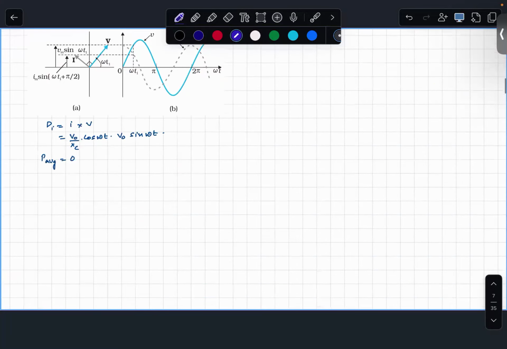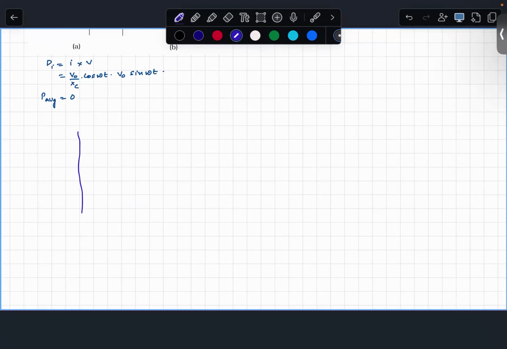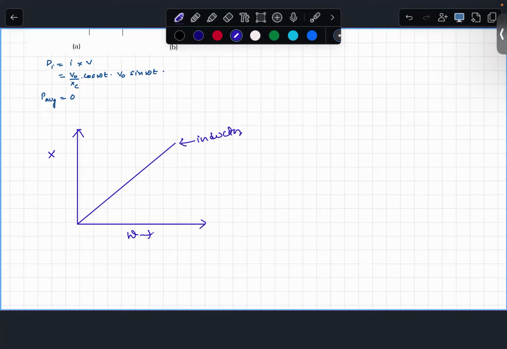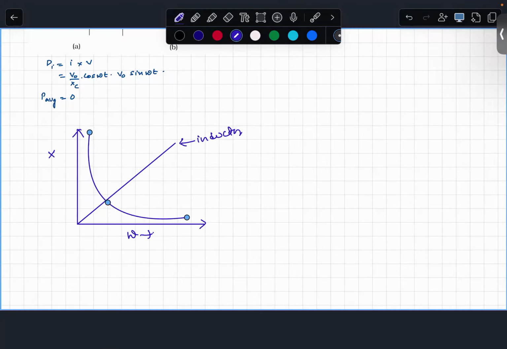Which means this is for inductor. This is for capacitor.